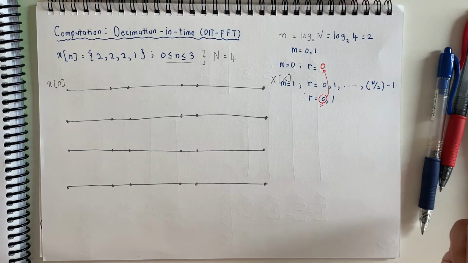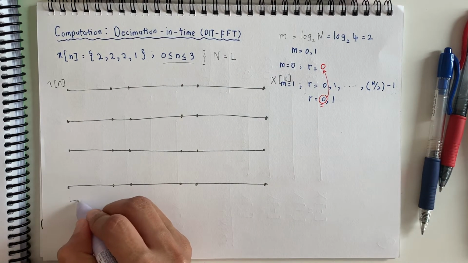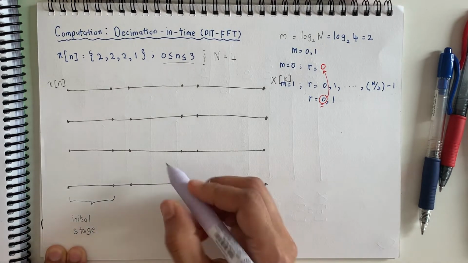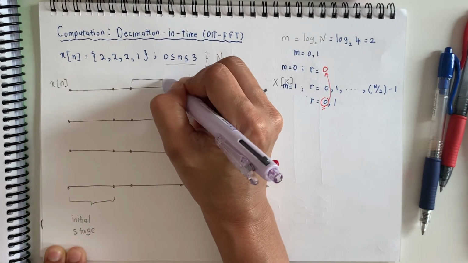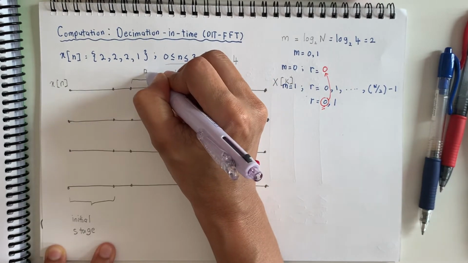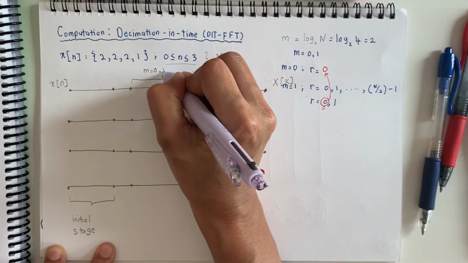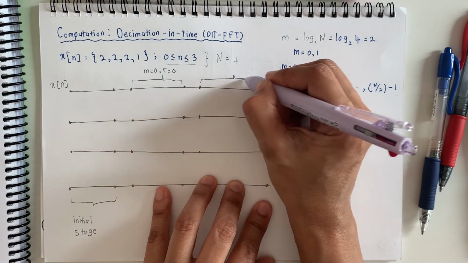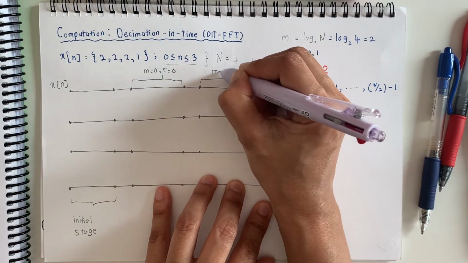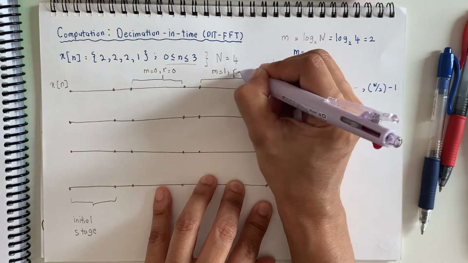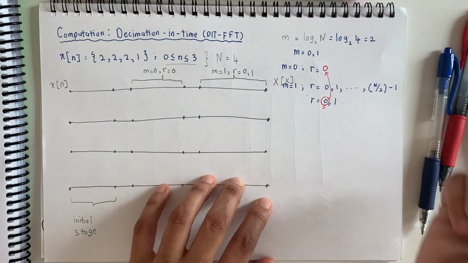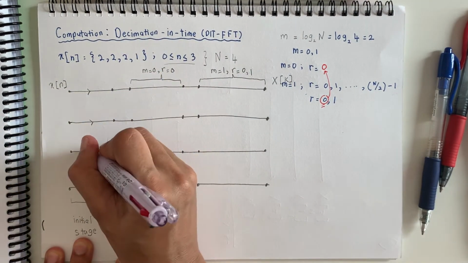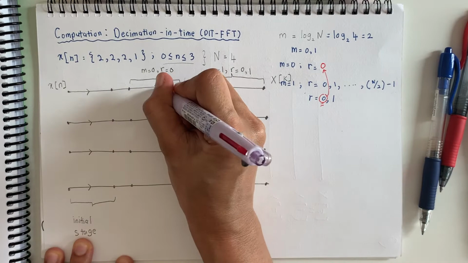Basically this is our initial stage, at M equal to 0, R equal to 0. This stage is at M equal to 1, R equal to 0 and 1.